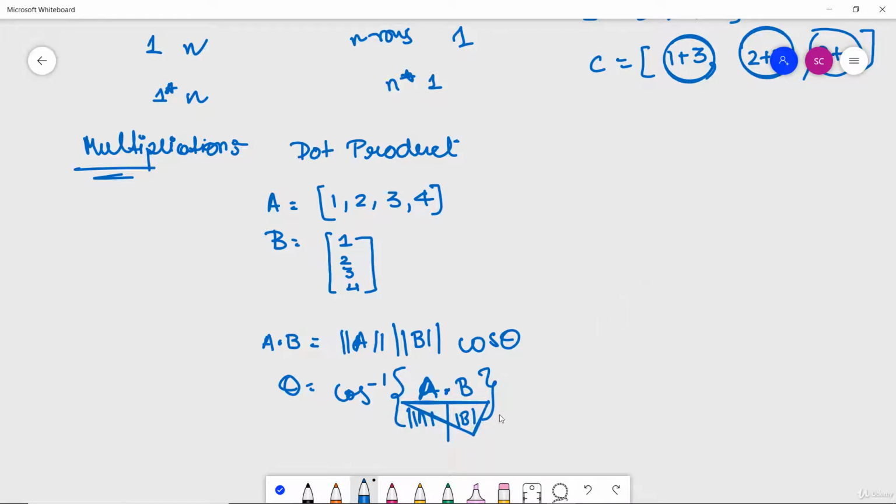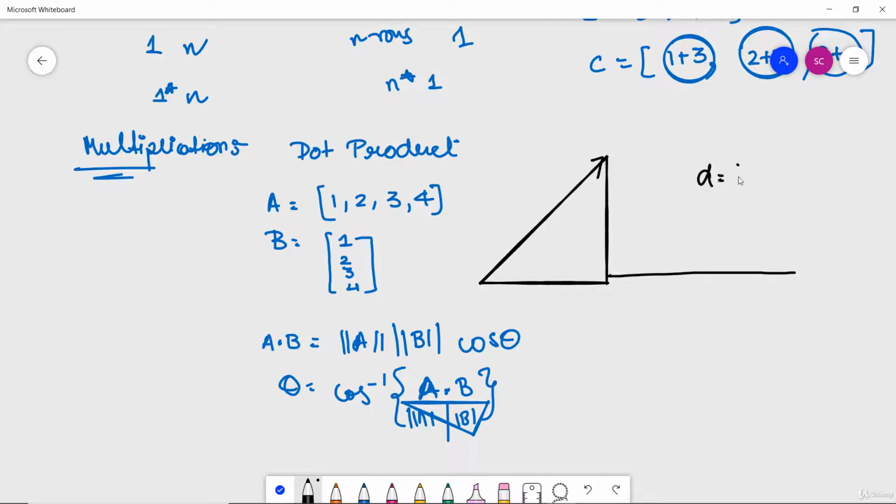Now it is actually a projection onto the unit vector. And how is it done? Let's say these are the axes, and this is the dotted line.